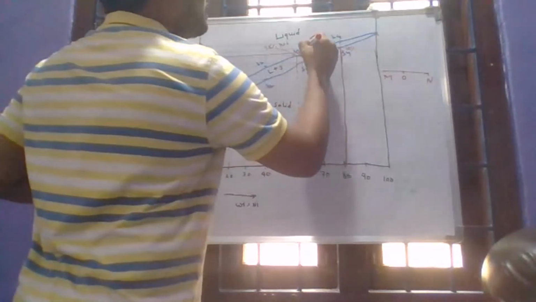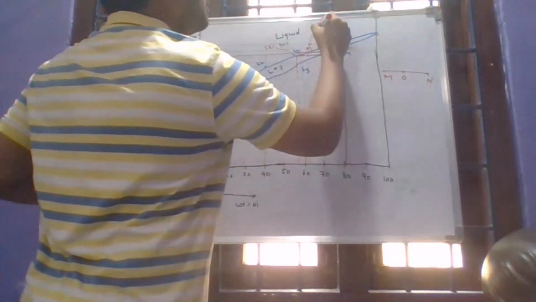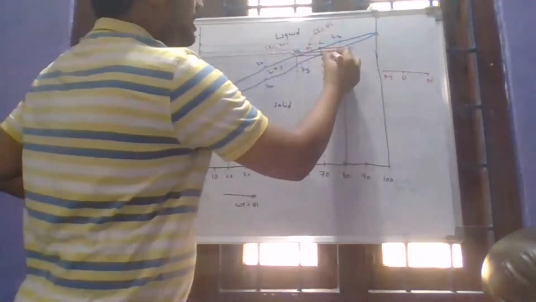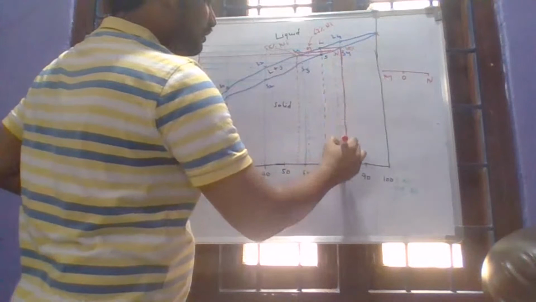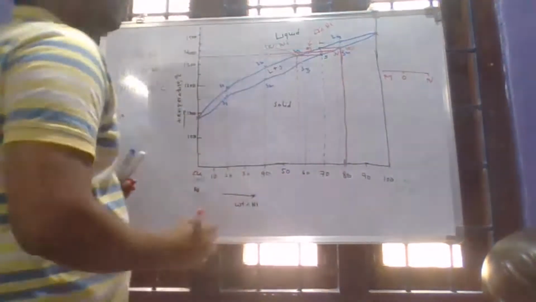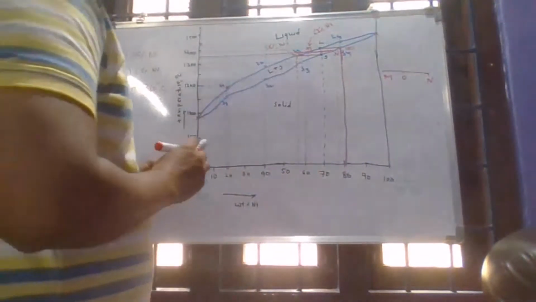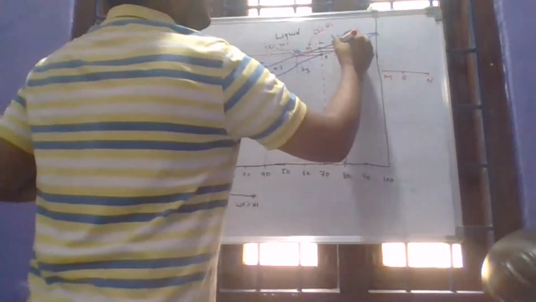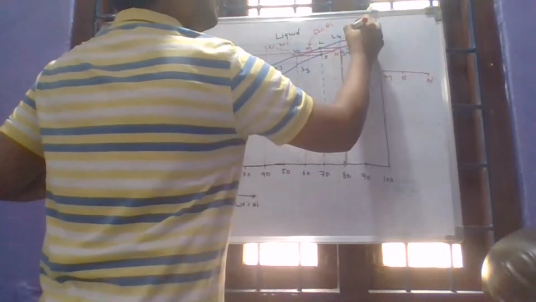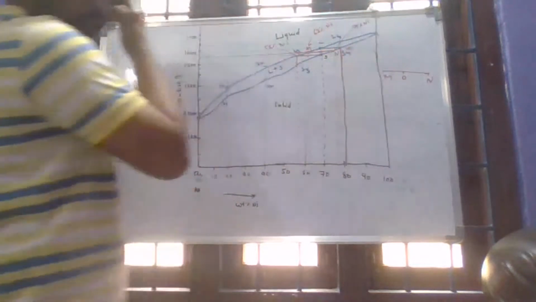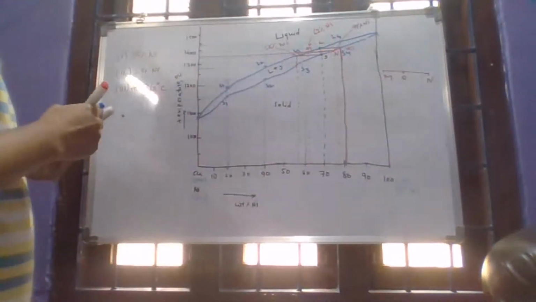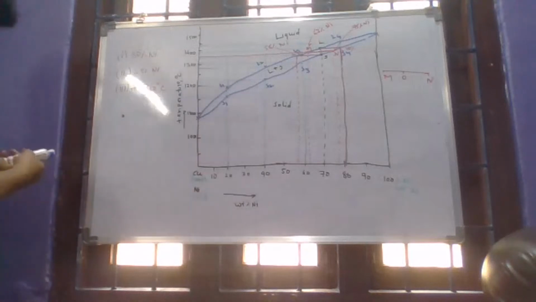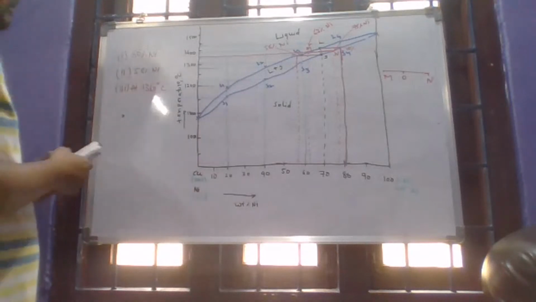So M is 63% nickel. Whereas if we drop from N onto the composition axis, it will be around 75% nickel. Now we need to calculate the amount of solid and amount of liquid at 1360 degrees centigrade. That was the question.